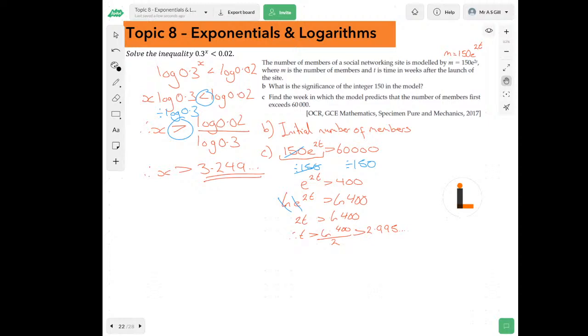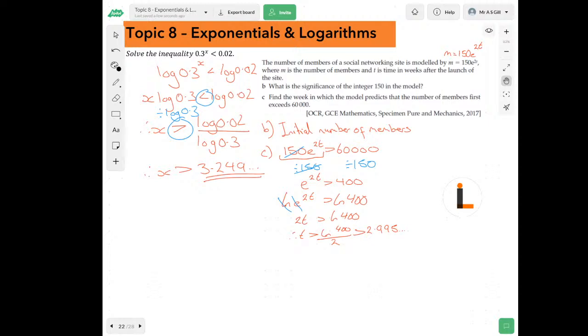So the week in which the model predicts the number of members first exceeds 60,000 is going to be in week 2, at the end of week 2.